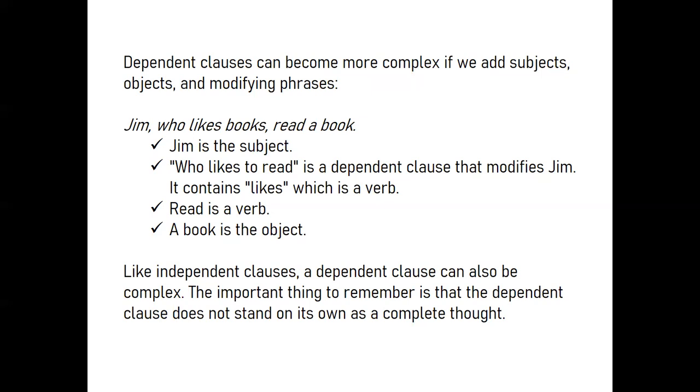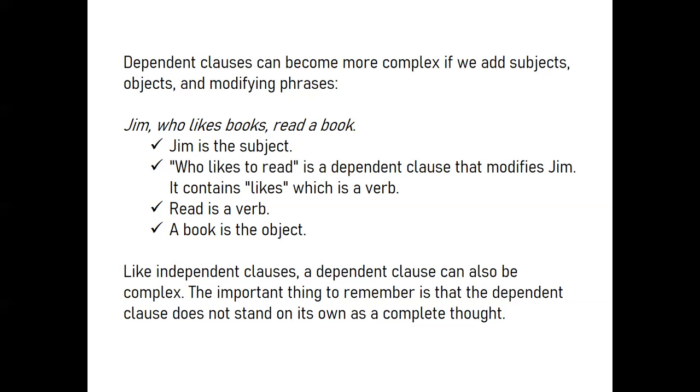The dependent clause will become more complex when we add some parts of speech that make the dependent clause correct, or we can say become a complete sentence with a complete thought. For example, the dependent clause in here is who likes books. So who likes books? Who? What's the name of that who likes books?